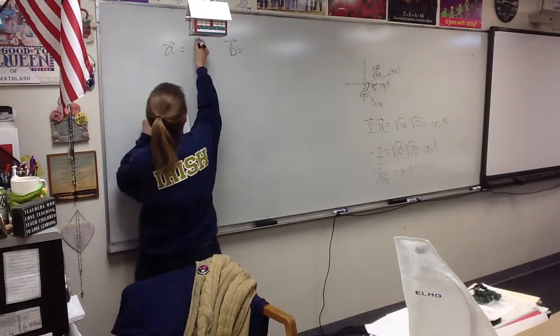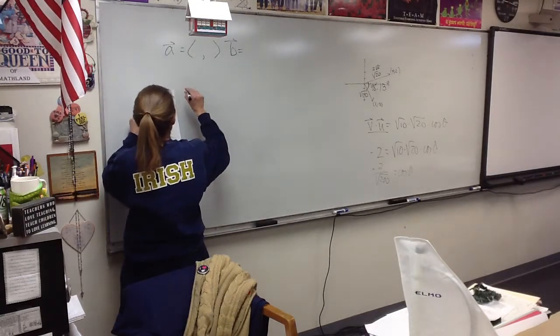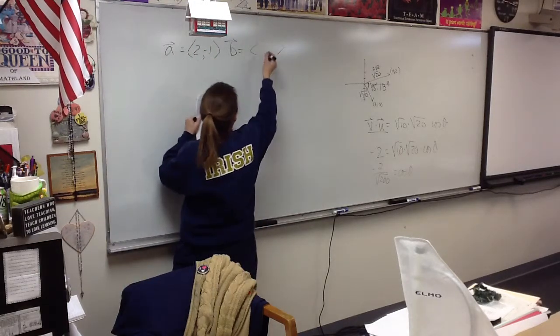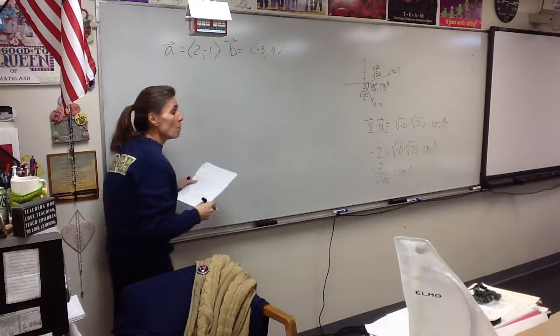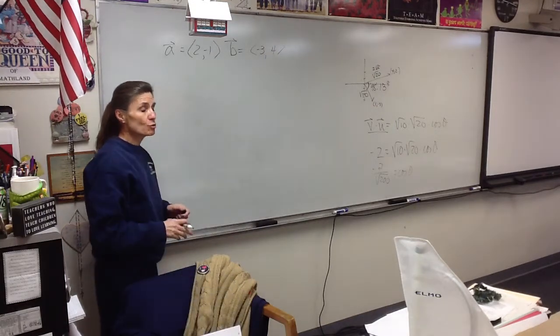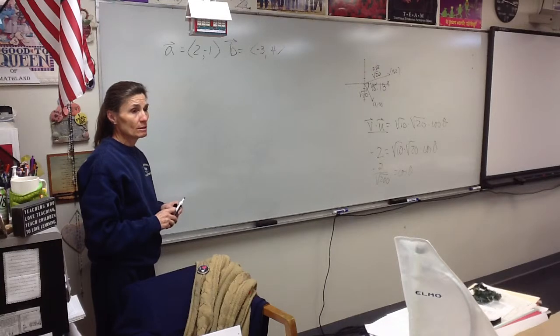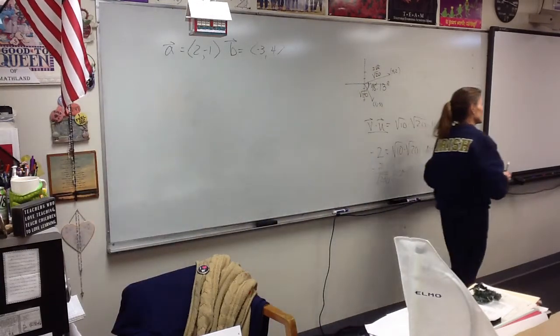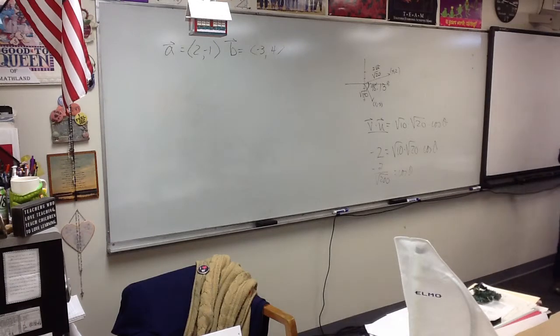What would be another way to write vector A? 2, negative 1, and B is negative 3, 4. Now I want the angle between those vectors. Now I just erased it, but when you hear the angle between vectors, what should pop into your mind? Dot product. Because isn't one definition of the dot product magnitude times cosine?